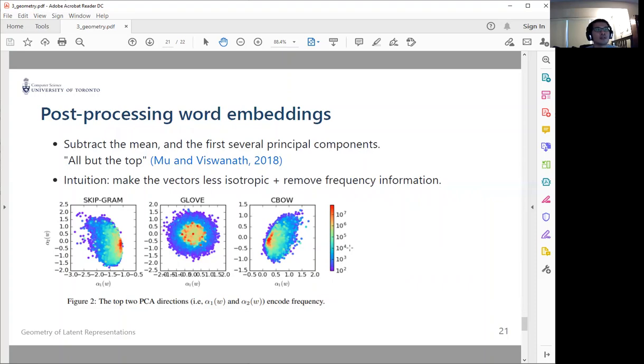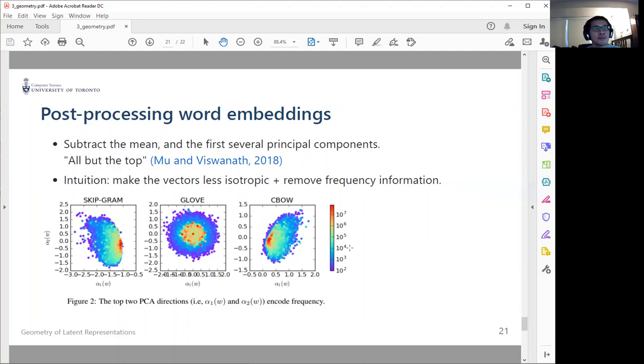So another method is to post-process the word embeddings. This approach also tries to increase the diversity or the anisotropy of the embeddings. So they subtracted the mean and the first several principal components.